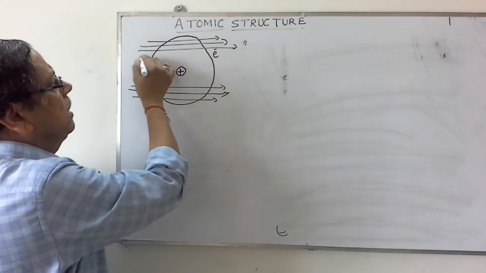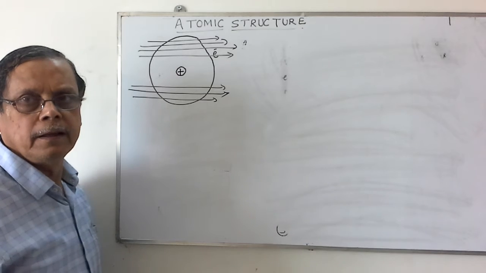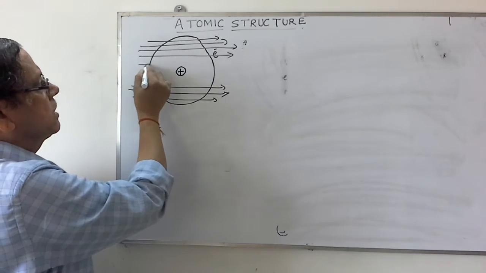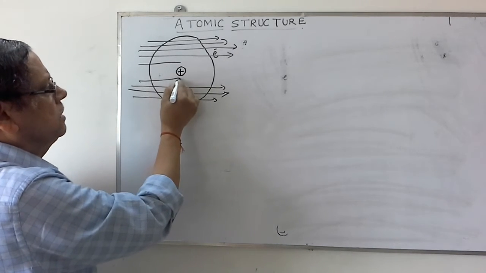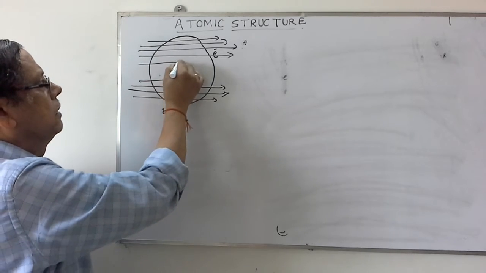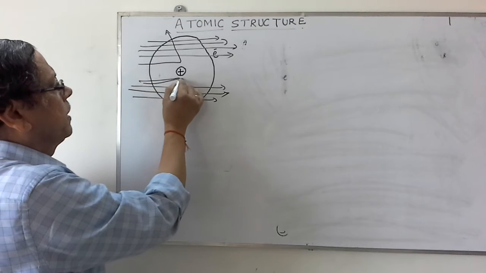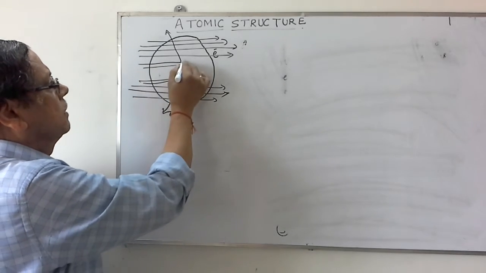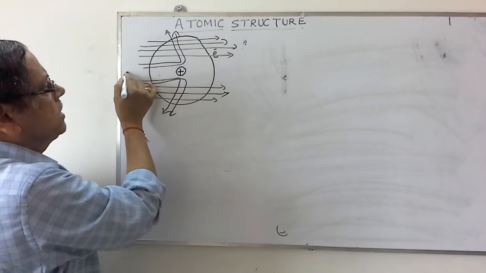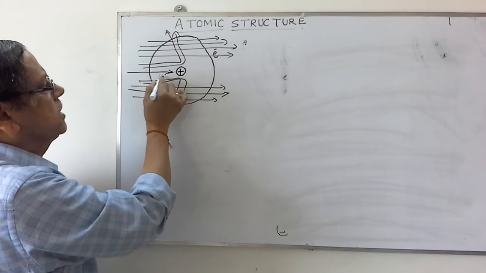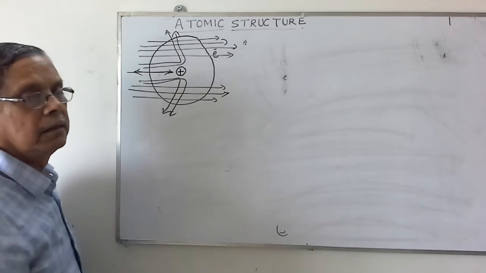So these are very, very large in number. And when any radiation comes near to this nucleus, they will be deflected by some angle, like this. But any radiation that is coming in the path of this nucleus will be deflected back.